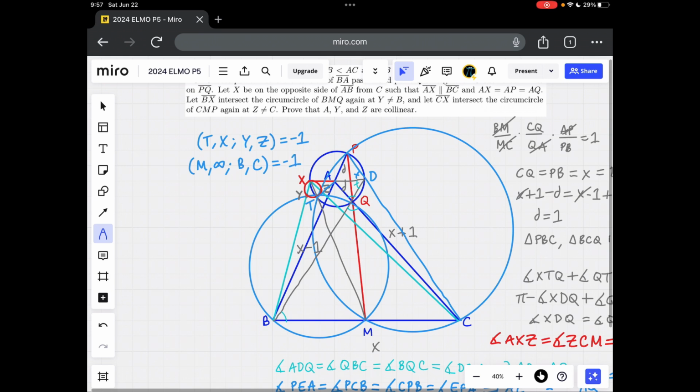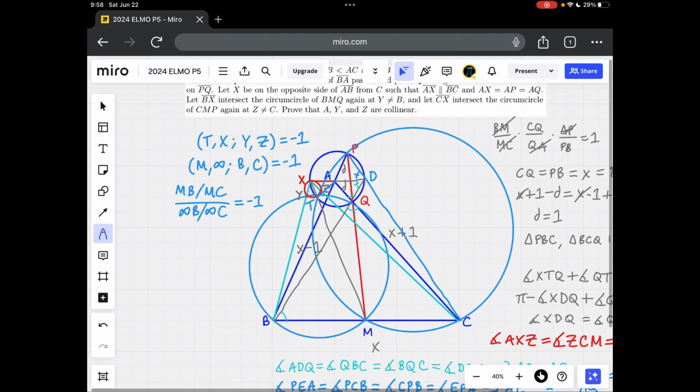So (M, infinity; B, C) equals -1. That's all we have to prove in order to prove that XYTZ is a harmonic quadrilateral, which would then prove that A, Y, and Z are collinear. So all we need to prove is this, and this is equal to MB over MC divided by infinity B over infinity C, which is -1. Now, infinity B over infinity C is infinitely far away from both of them.